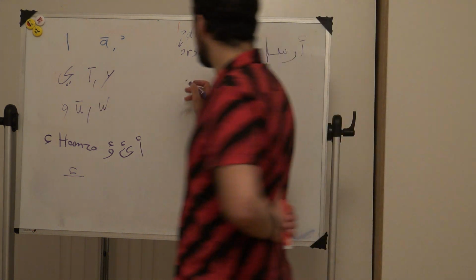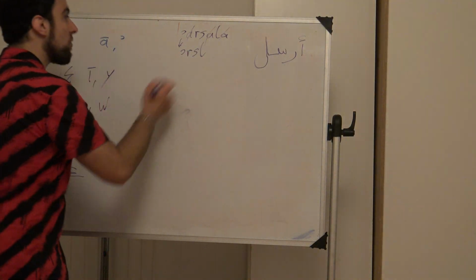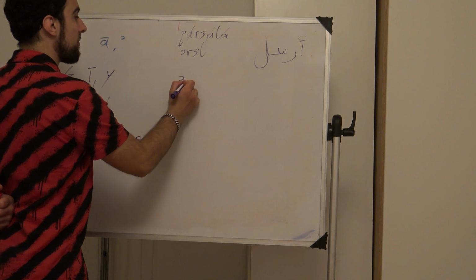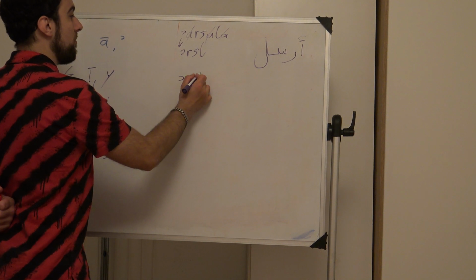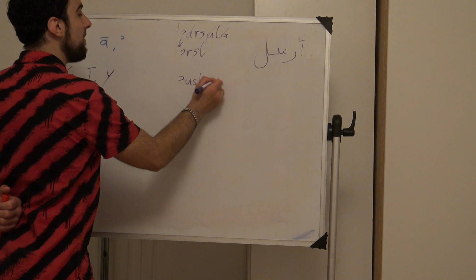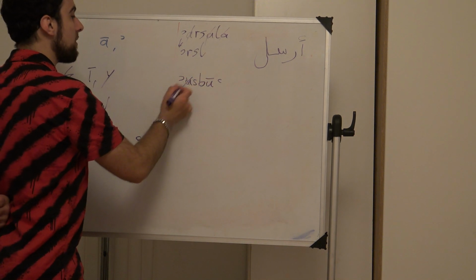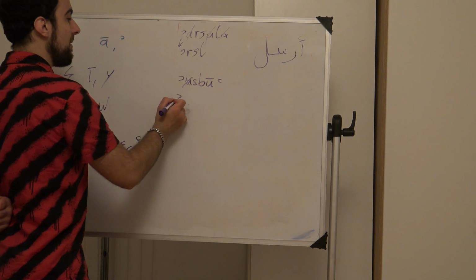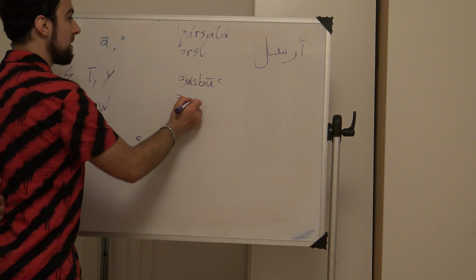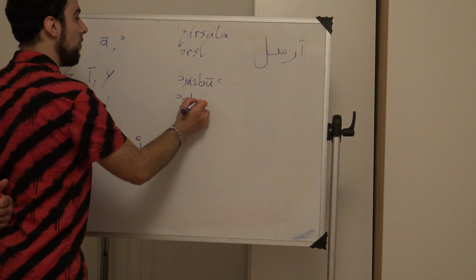Other example would be usbur. What does usbur mean? Usbur means weak. Now let's cut off this short vowel here, this short u, and Hamza, s, b, long u, r.